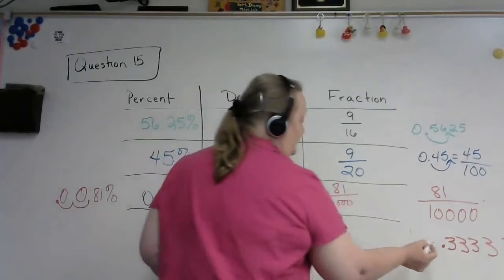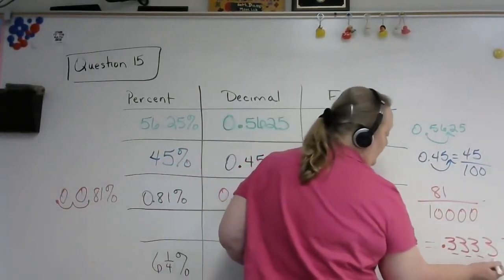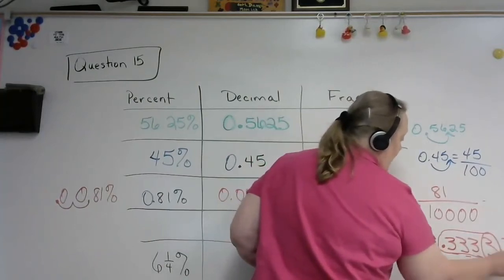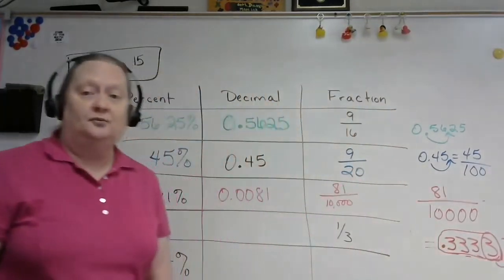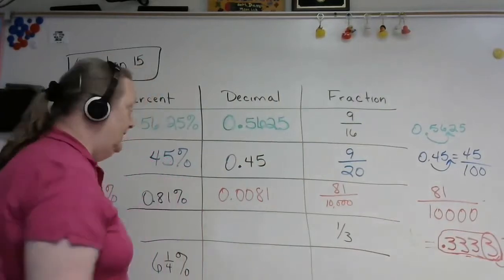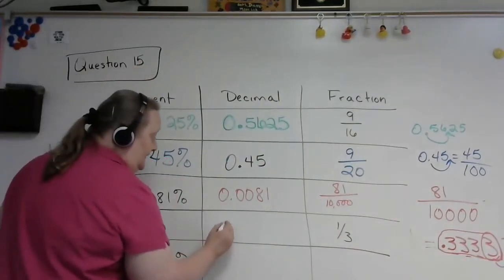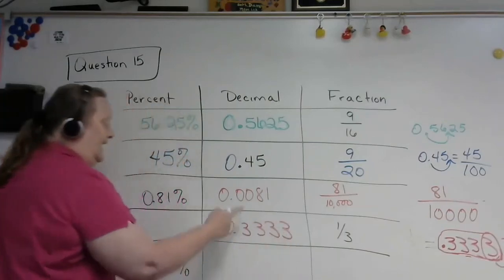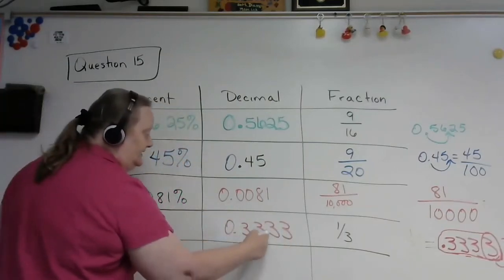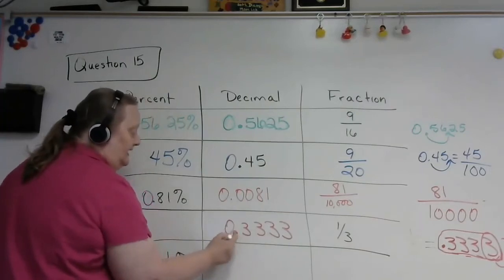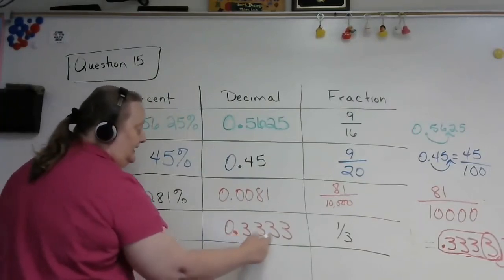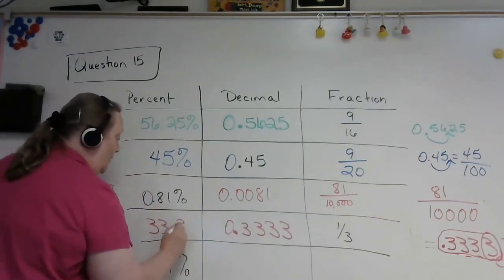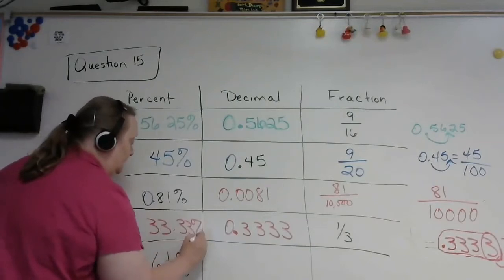So if we want 4 decimal places, that's going to be 1, 2, 3, 4. This 3 does not need to round up because the 3 is not 5 or more. So that means this will be 0.3333. And when we move our decimal 2 places, between the 2 3s, that gives us 33.33%.